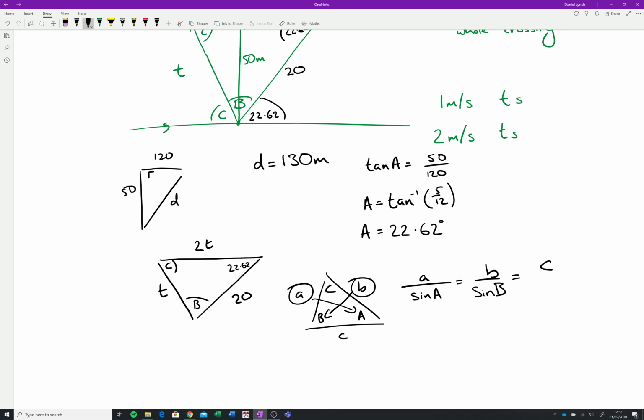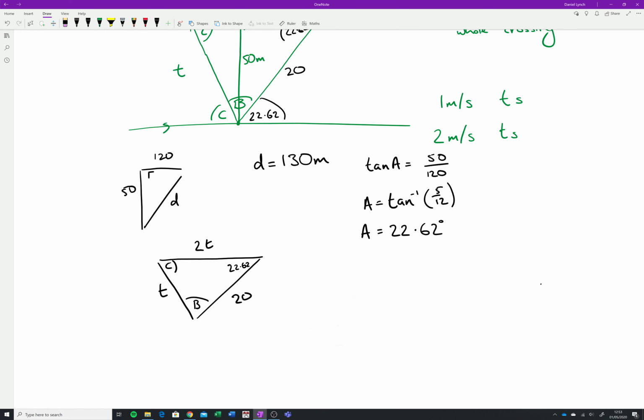And it's also equal to, therefore, any side divided by the sine of the angle opposite that one. Make that a small c, just to differentiate between sides and angles. Okay, so I am assuming that you know that that's true.